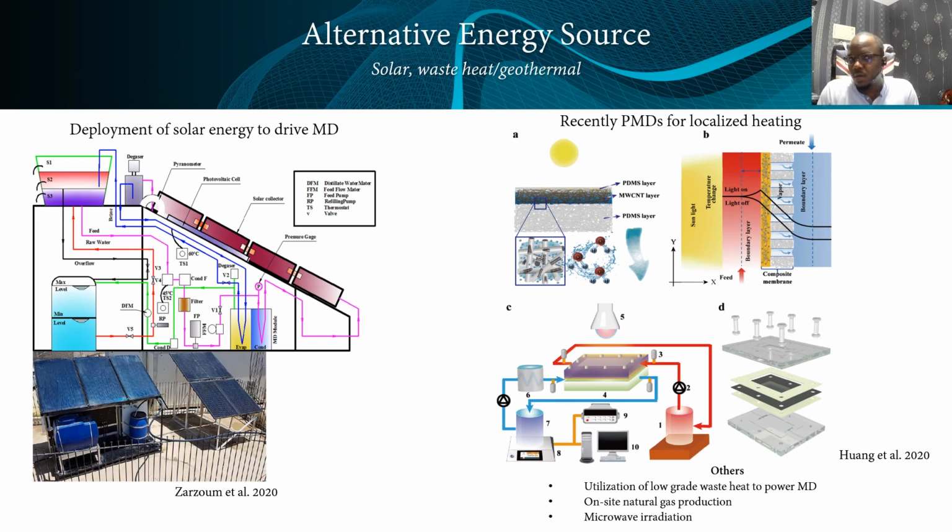So the heat that comes with the fluid as it is being produced could actually be utilized to power the MD to directly treat the produced water on site in membrane distillation. However, this requires some location specific designing, but that has recently piqued the interest of researchers.